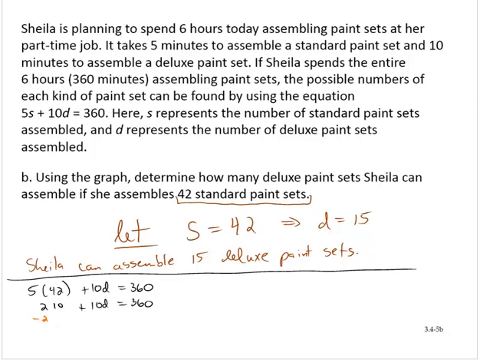So subtracting 210 from both sides, we find that 10d is equal to 150, and dividing through by 10, we find then that d is equal to 15, which is the same thing we got by looking at the graph.